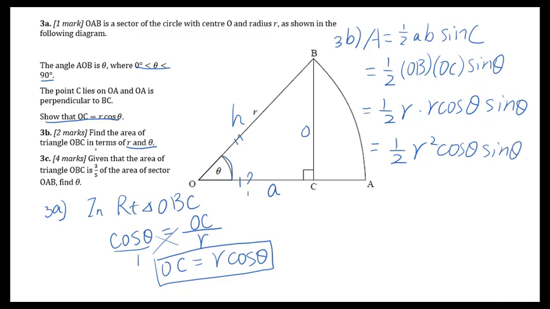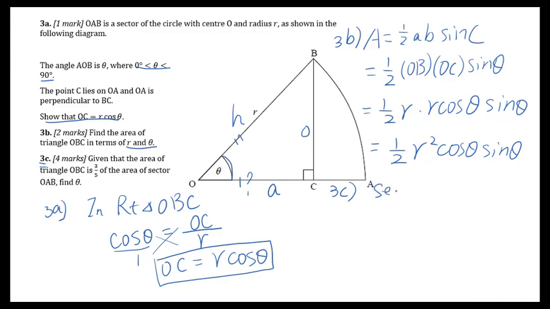That's for 3B. For 3C, given that the area of triangle OBC is 3/5 of the area of a sector OAB, find theta. This is 3C.